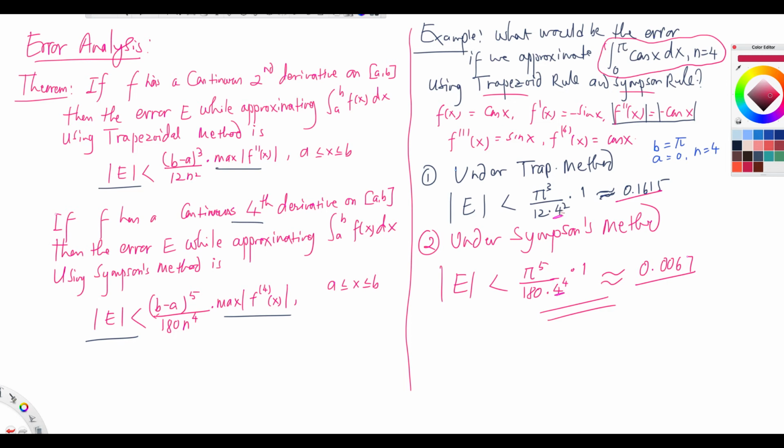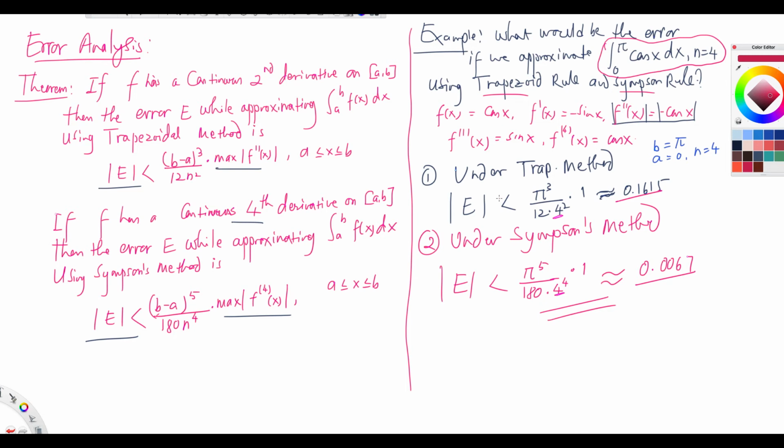But if you increase n, then the error will decrease, right? Because that bigger number in the denominator will decrease the overall number. So if you make more subintervals between a and b, then you get a better approximation for the area. As a result, the error will go down.